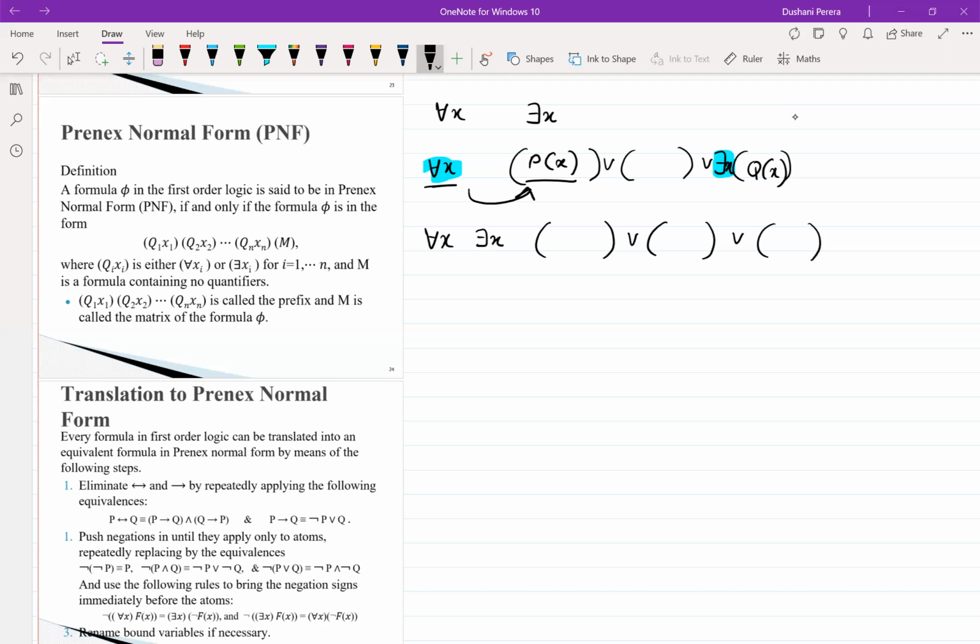What you will do is name these bound variables as x1 and x2, and when you write your clause you use that. You say P(x1) and Q(x2). So you arrange the quantifiers and the predicates so that you have the quantifiers at the beginning, followed by your predicates. That is what you do in prenex normal form.